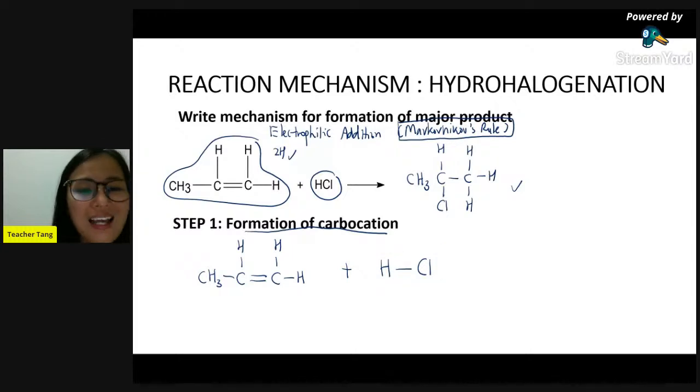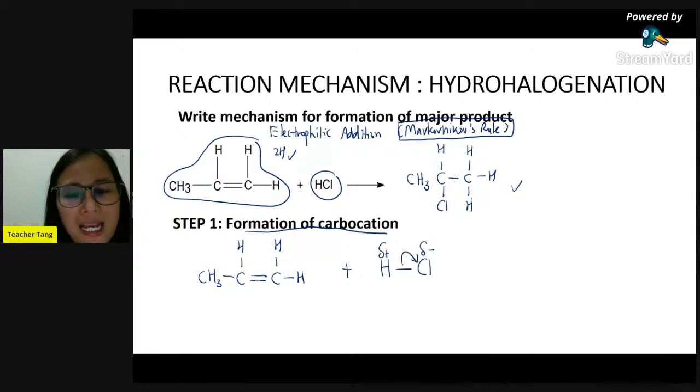It is a polar bond: hydrogen partially positive, chlorine partially negative. So it needs to break heterolytically. Chlorine is more electronegative, so when the bond breaks heterolytically, both electrons will go to chlorine.